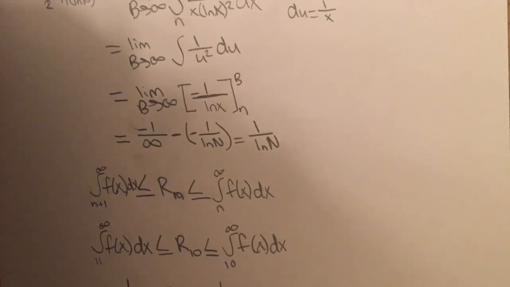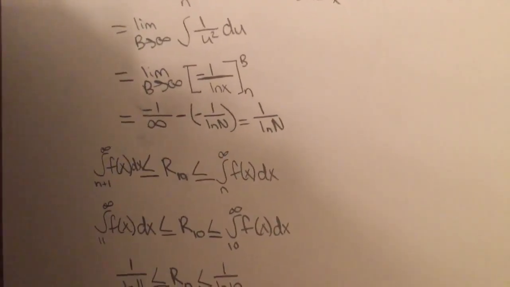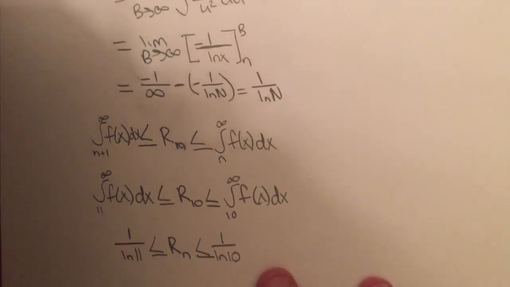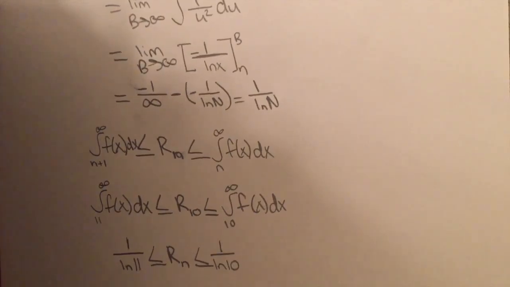We found the integral of f of x, so now all we need to do is plug in that 11 and 10. So then we get that the remainder is going to be less than 1 over ln of 10 and greater than 1 over ln of 11.